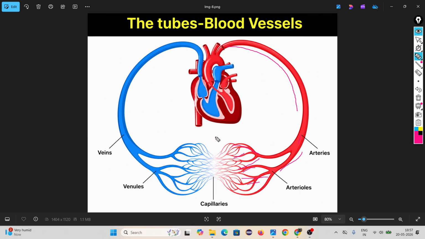Suppose here tissue or cells are available. And remember, the wall of a capillary is very thin.